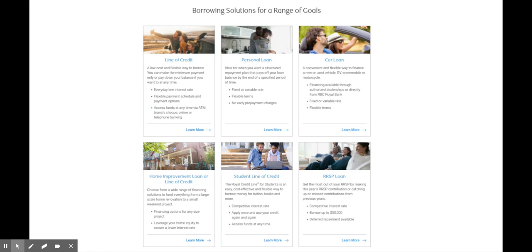Bank websites are pretty helpful here. You can look at options for different loans you may need to take out. You can look up all sorts of information about the different credit cards that they offer in terms of fees and interest rates. So lots of research can be done online.